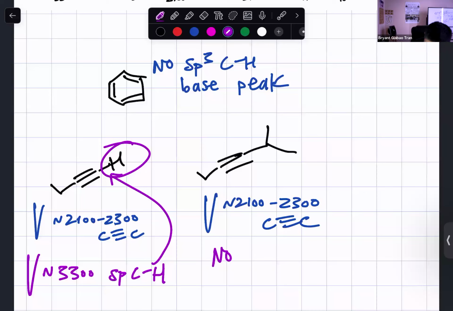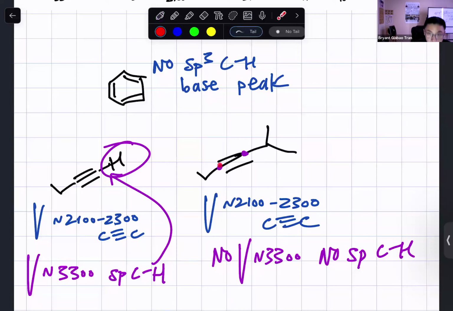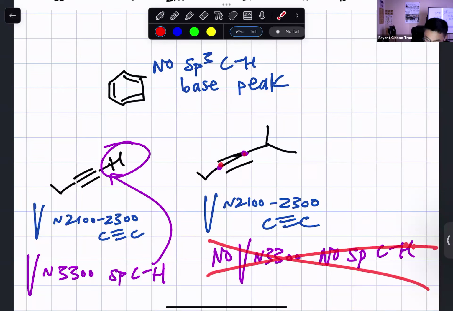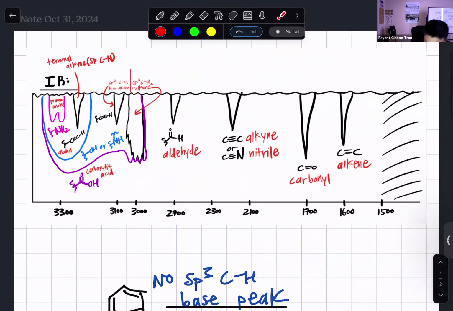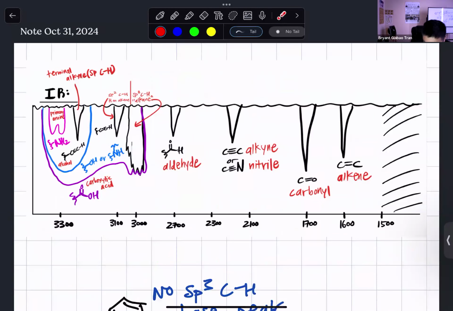The internal kind will have no sharp peak around 3300 because it has no sp carbon hydrogen bond. The sp carbons of the alkyne do not have a bond to hydrogen, which is why they would not have that sharp peak at 3300.